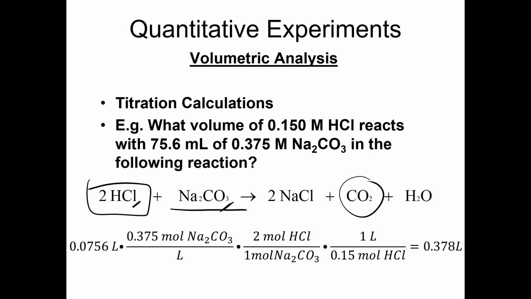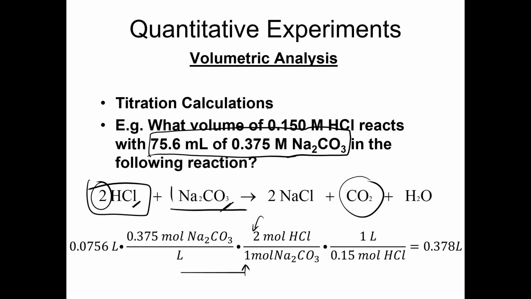And so first you can calculate the number of moles or millimoles of sodium carbonate by simply saying I have 75.6 milliliters, and I did convert in this case, 0.0756 liters times the molarity, capital M, 0.375. So just multiplying those two gives me the number of moles. And now realizing that the stoichiometry, the coefficients, is 2 to 1: for every 2 moles of HCl, I can neutralize 1 mole of sodium carbonate.